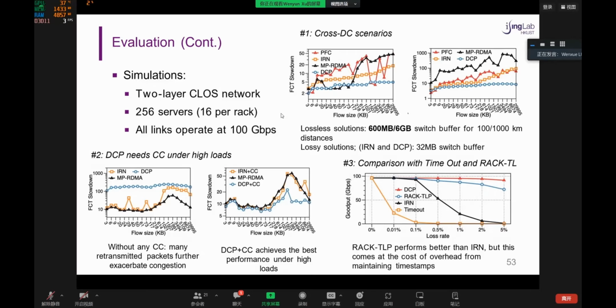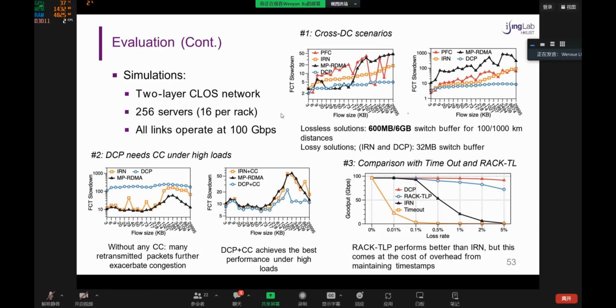I think the problem is that PFC's performance is unstable in long distance transmission. As I mentioned earlier, we enlarge the switch buffer for PFC. So sometimes, if the transmission works very well, no PFC pause frame is generated, and PFC works perfectly because there is no pause and the upstream device does not stop transmission.